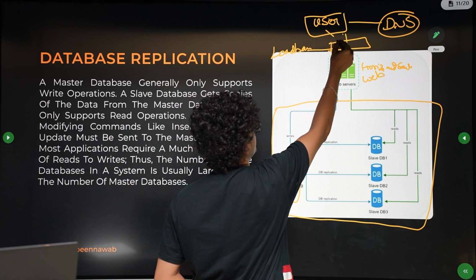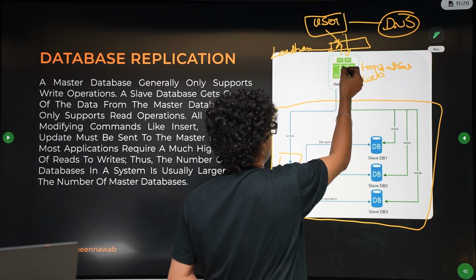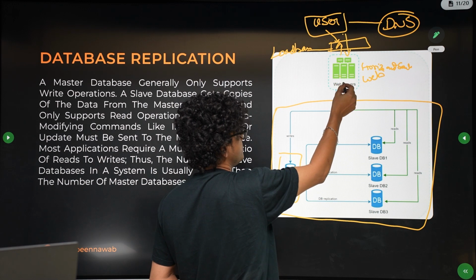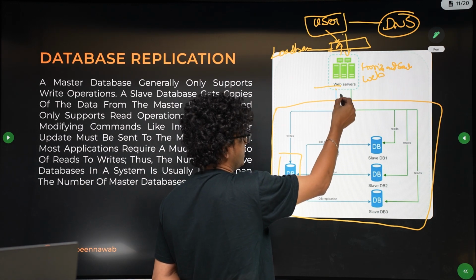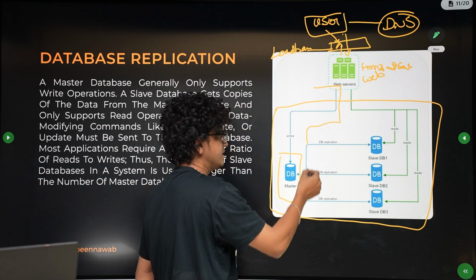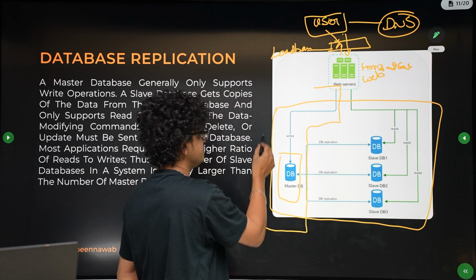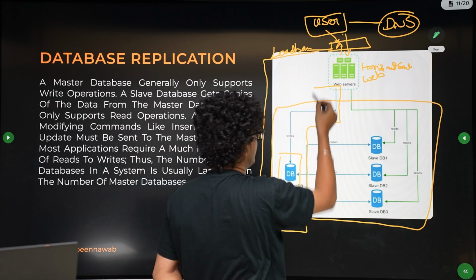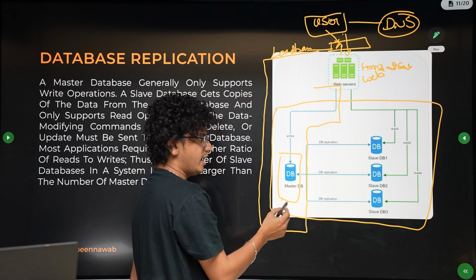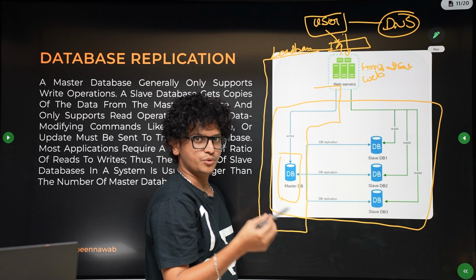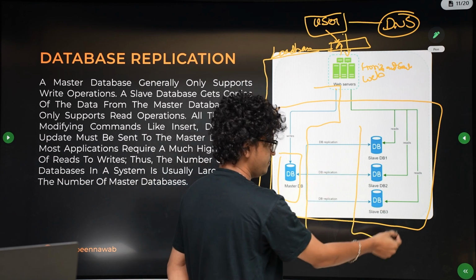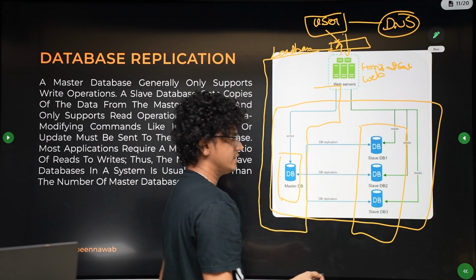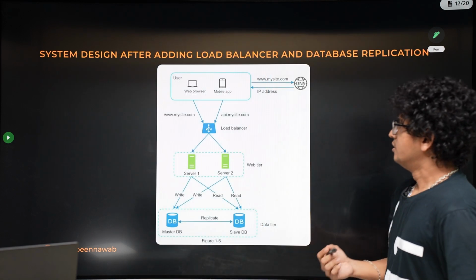So the user, using the load balancer, will hit the web server, and from the web server, whatever write operations there are, insert operations, update operations, will be redirected to the master database, and the operations which only need to read will be directed to the slave databases. So this is how data replication functionality works.